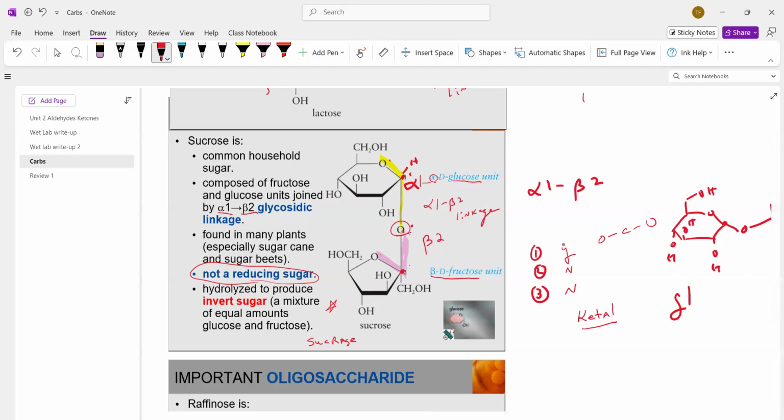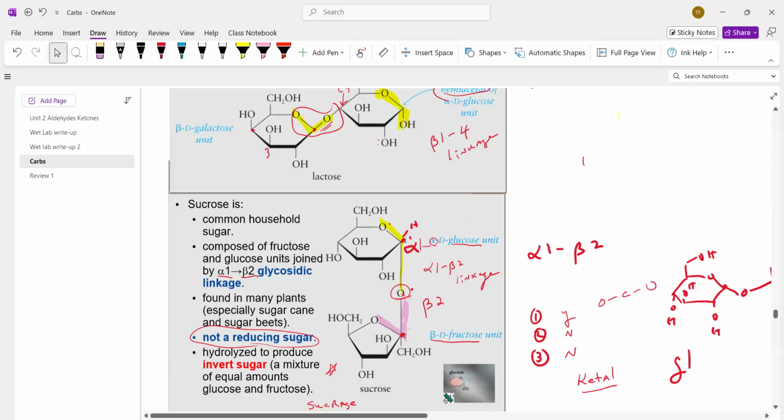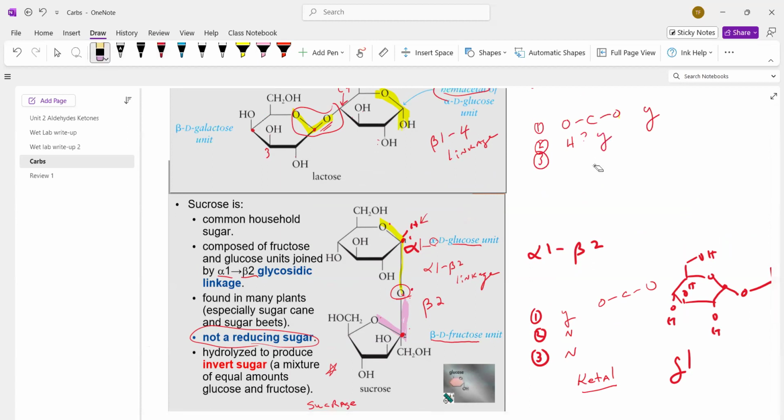Okay, let's look at the glucose linkage up here. We have OCO, yes. H present. There's an H right here. So that's a yes. And is there an OH present?